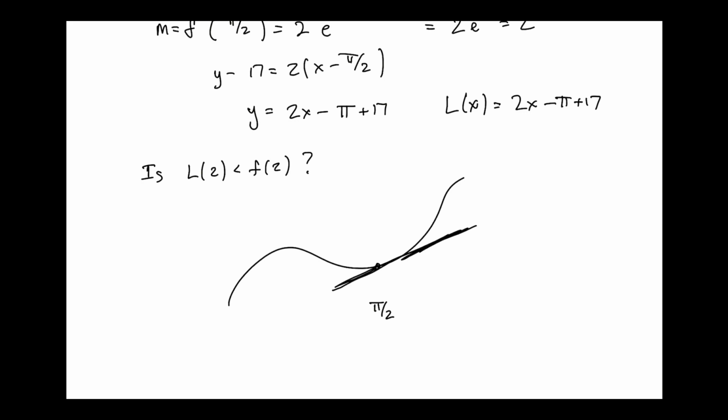All right, so here in this sketch that I've made, let's say that the squiggle is F and the straight line is L. In this particular sketch, does it look like F of 2 is going to be bigger than L of 2?